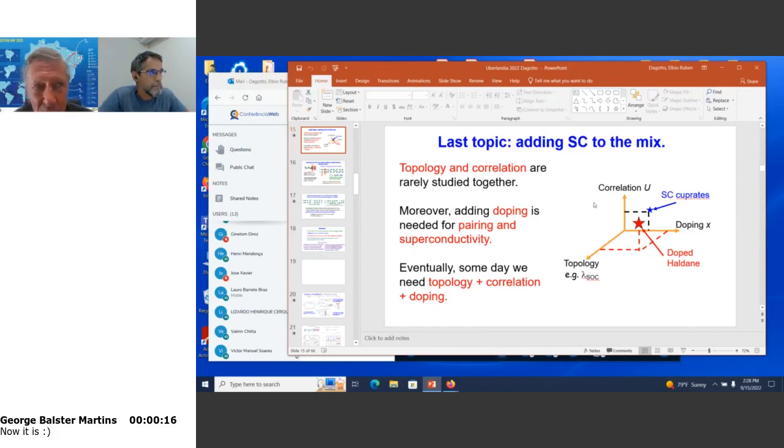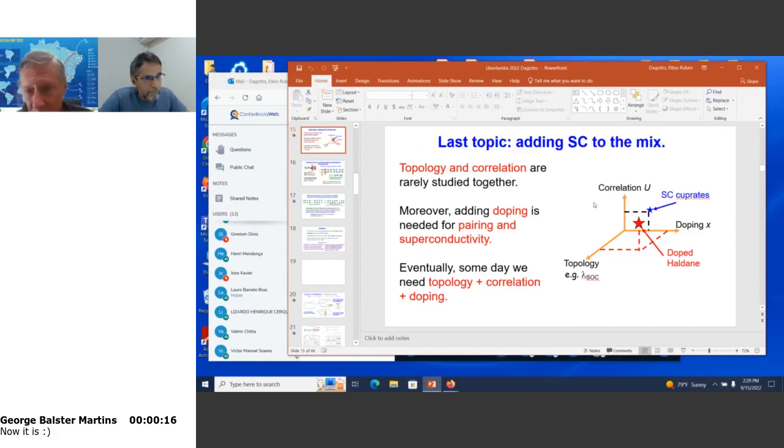One thing that could have happened, George, is that these two things could never cooperate. They would just compete. So I was expecting, and I think it's still to be expected, that in many cases that are topological and weak coupling, as you increase the value of U over W, you lose the topology into some garden variety, interesting but non-topological correlated state.